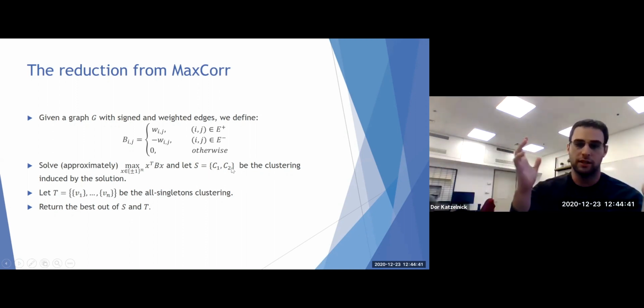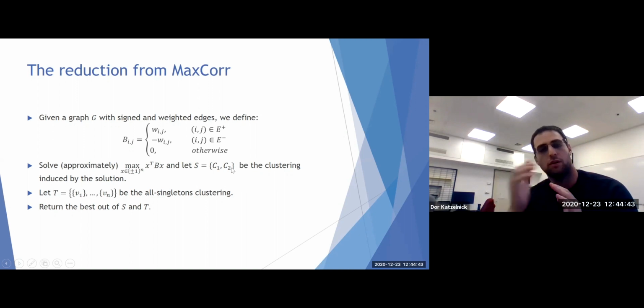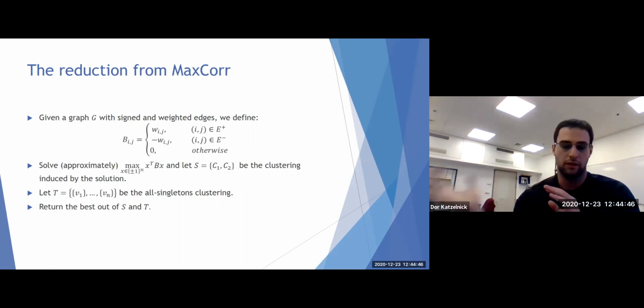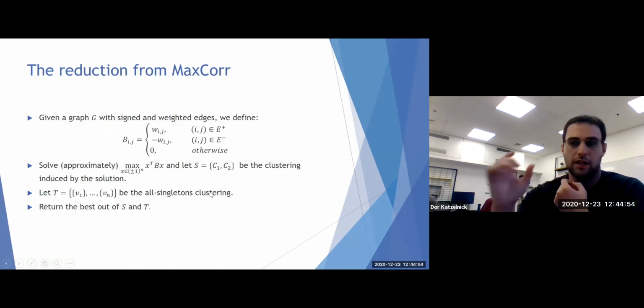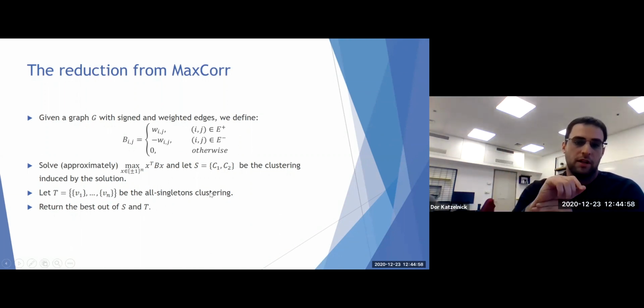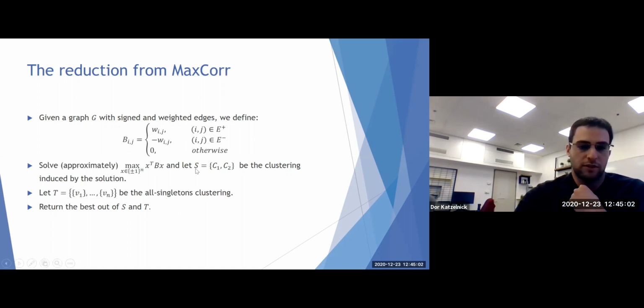Again, you put all the nodes that get plus 1 in one cluster and all the nodes that get minus 1 in the other cluster. Then you define the all-singletons clustering, where every node is in its own cluster. And then you just return the best clustering out of these 2 possibilities, either S or T.